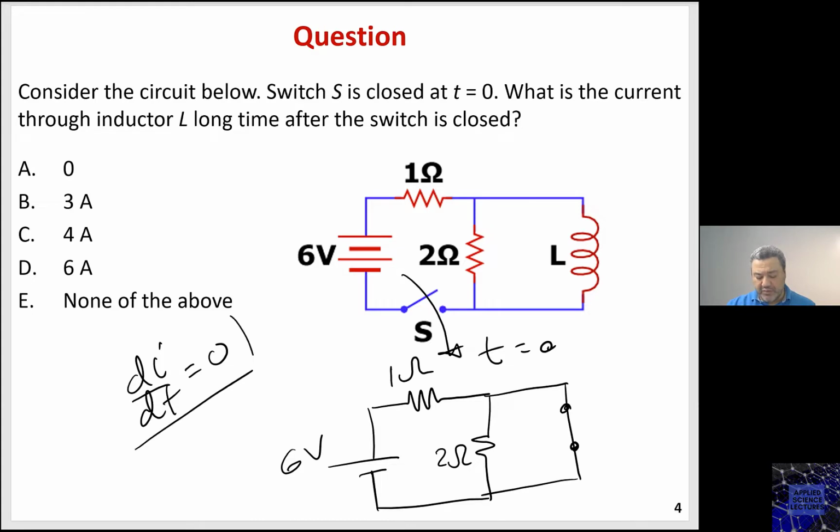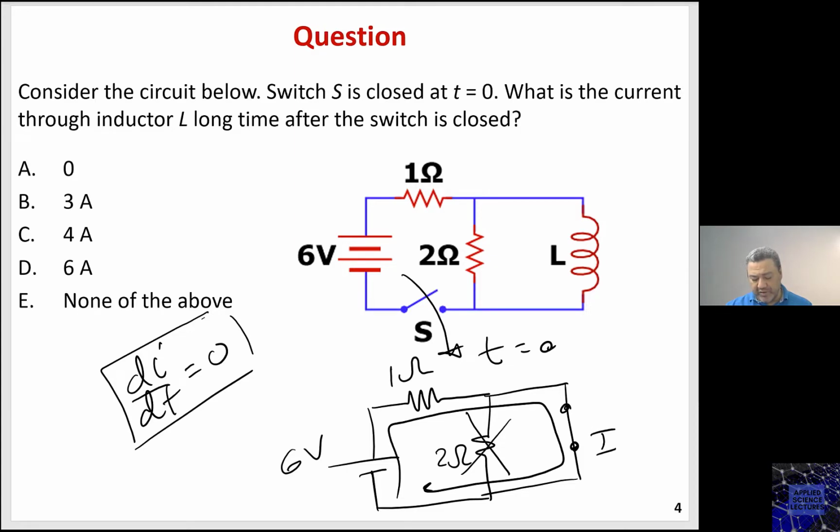Because di over dt is 0. So this now acts as a piece of wire, which means that this wire has shorted out the 2 ohm. Now all the current is going to take this path. So this is now my current. If I want to calculate the current in the inductor, it would be the same current in this circuit, which is 6 divided by 1, so the current is 6 ampere, and the answer is D.